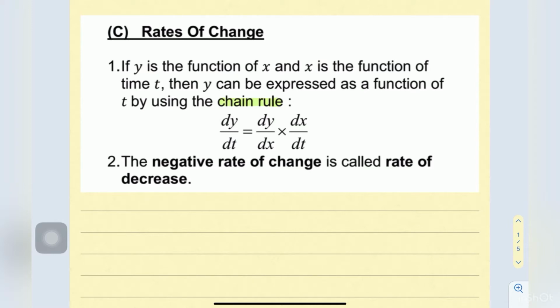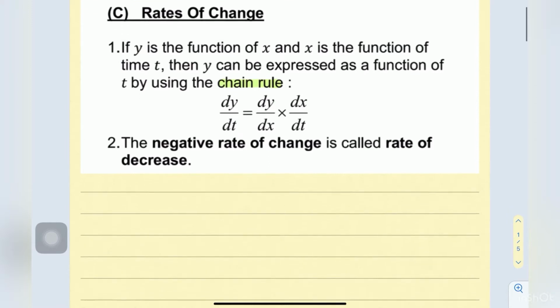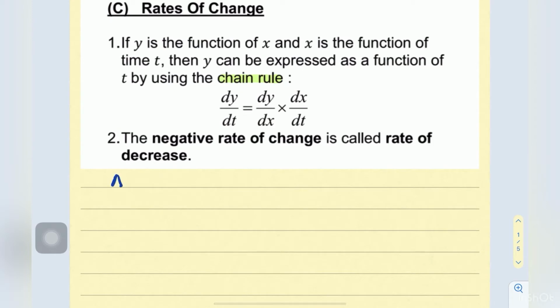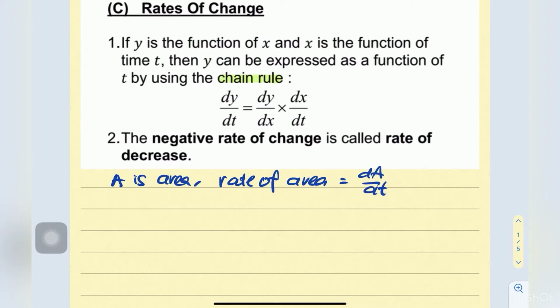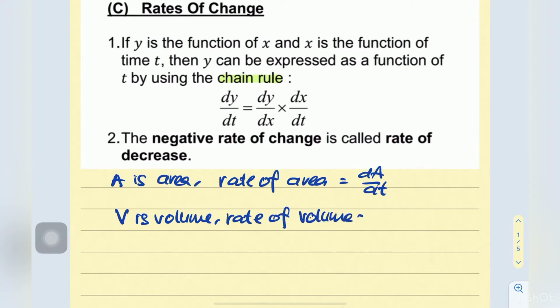The negative rate of change is called the rate of decrease. For example, if A is area, the rate of area is dA/dt. If V is volume, the rate of volume equals dV/dt.